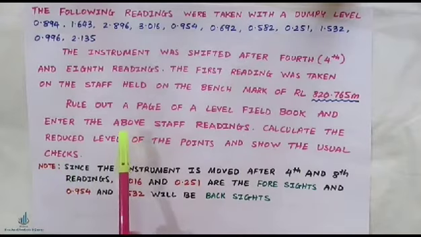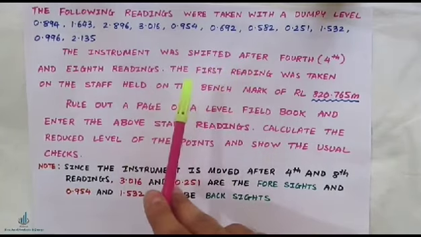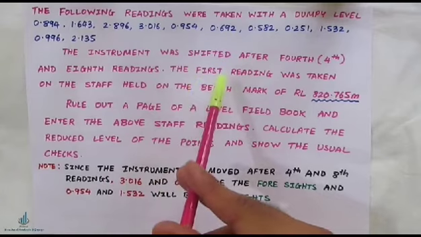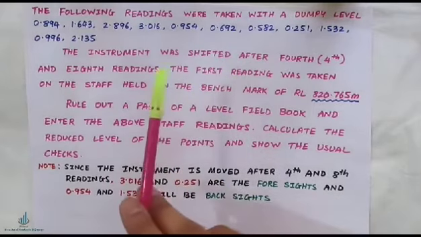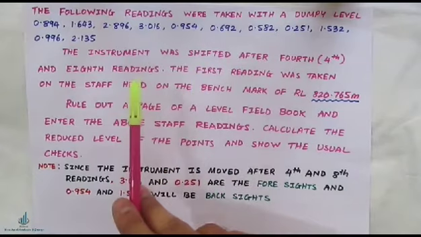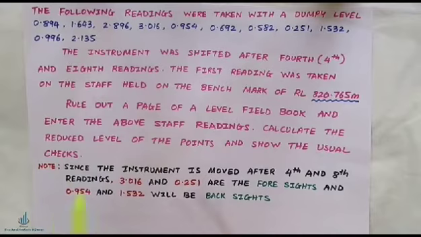In the height of instrument method problem in our previous video, the instrument shift was not given. From the readings we found out where the change point was, but in this problem the change point is given directly: the instrument was shifted after the 4th and 8th readings. So from this we can make out where the change point is.